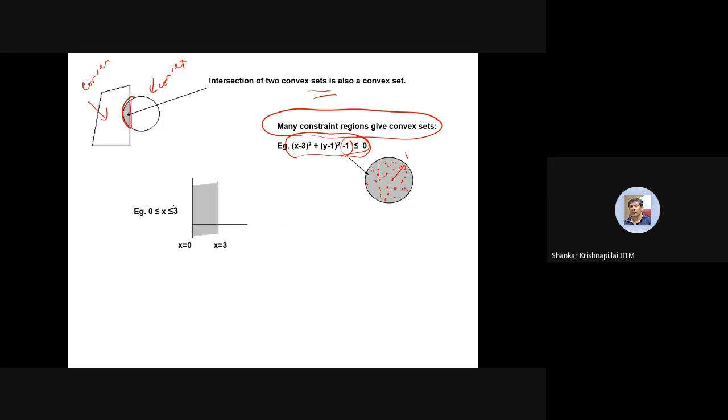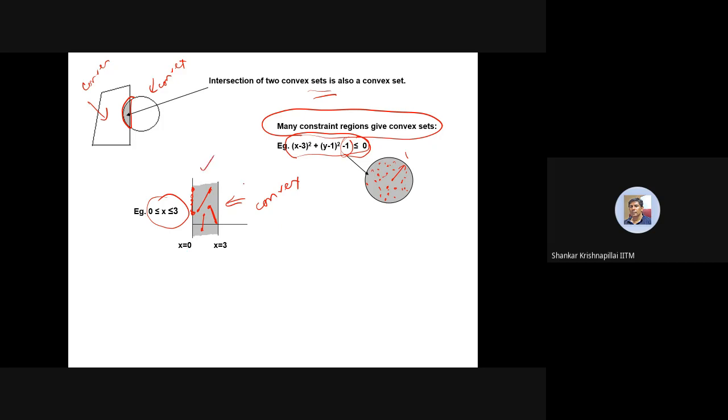Then 0 is less than x less than 3. This is also a convex set, because if we take any 2 points and draw the lines, it will be contained inside the set. Of course, if you take any 2 points on the boundary, then all the points will be on the boundary, but that is acceptable because boundary points are also considered to be inside the set.